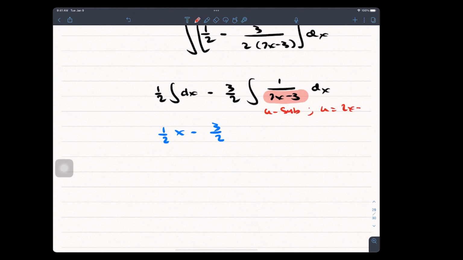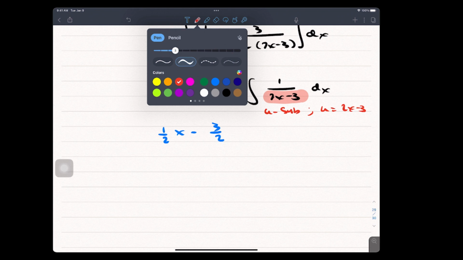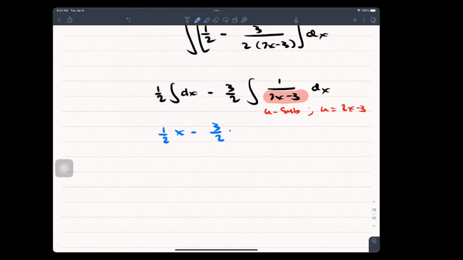U is 2x minus 3. Is that right? So by U-sub, you guys know you get what? 1/2 x minus 3/4 natural log absolute value of 2x minus 3. What were my limits again?